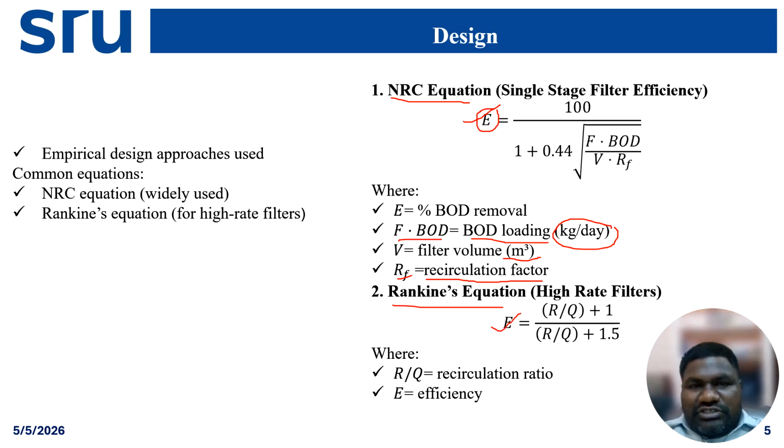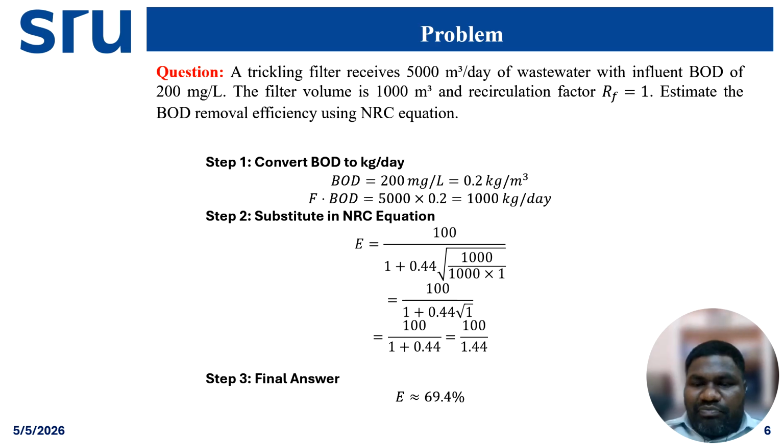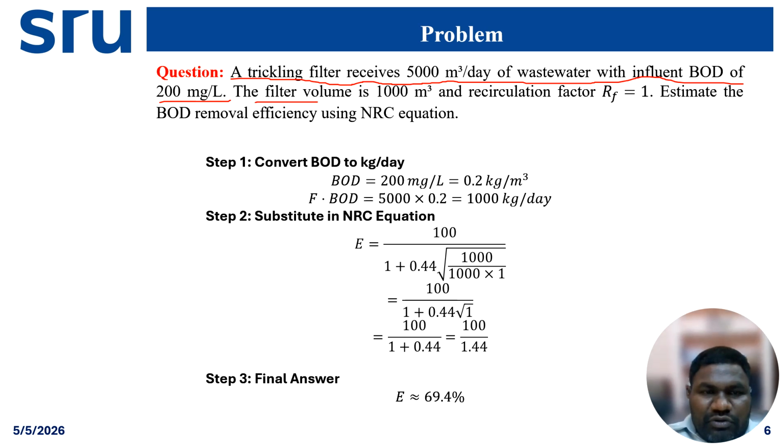So the next slide will be the design problem. See, read the question properly. A trickling filter receives 5,000 meter cube per day of wastewater with influent BOD of 200 milligram per liter. The filter volume will be 1000 meter cube and the recirculation factor will be RF equal to 1.